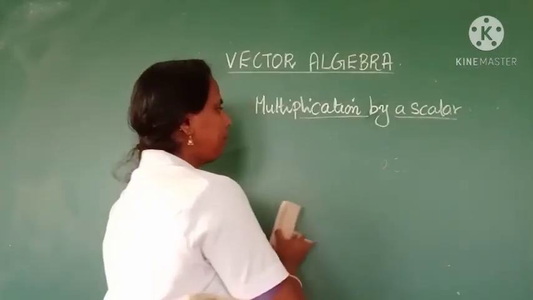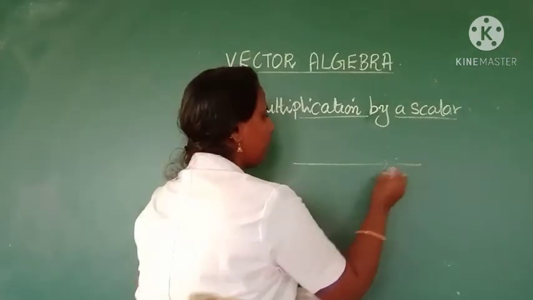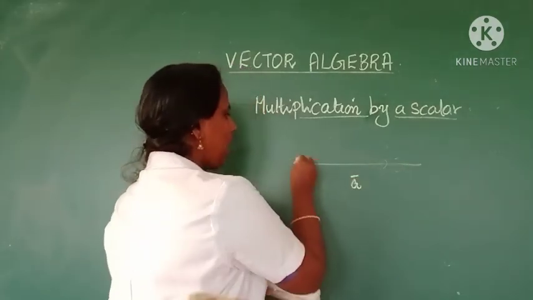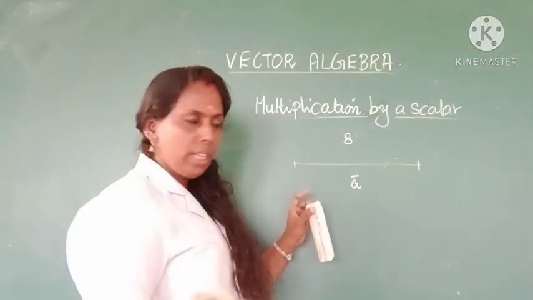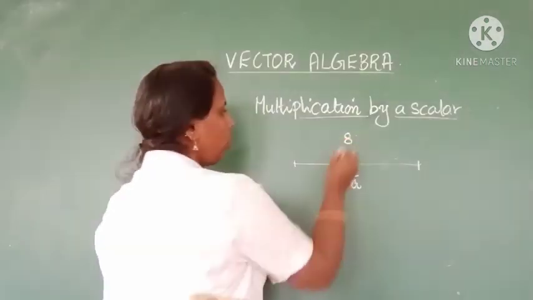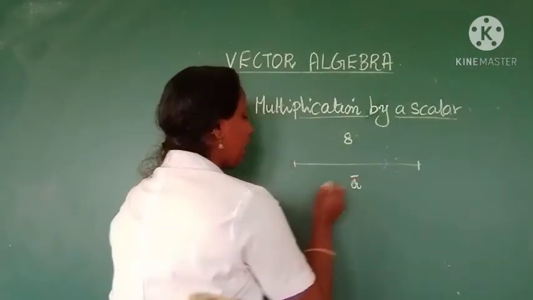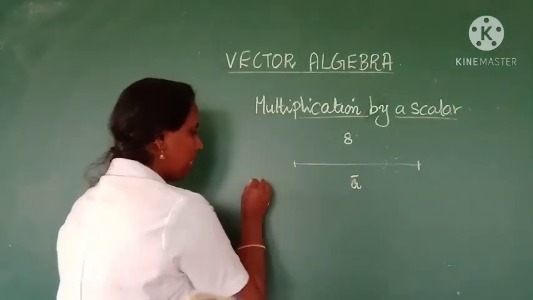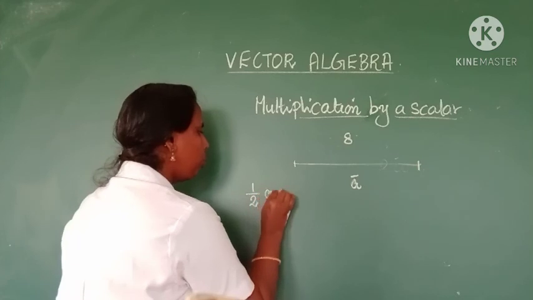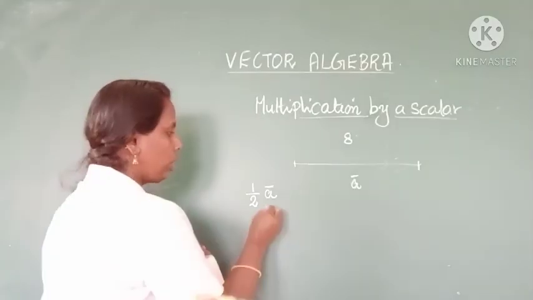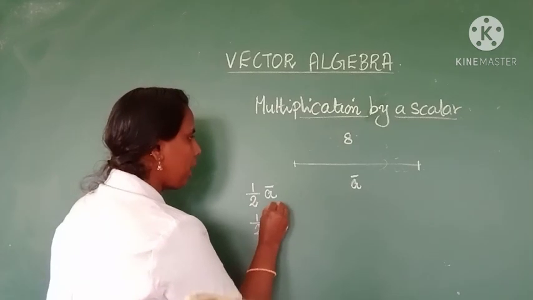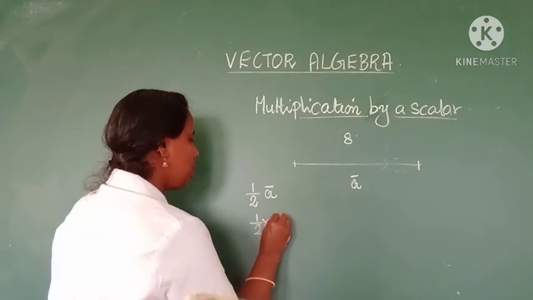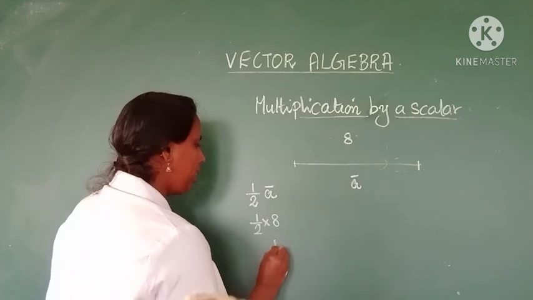For example, suppose we have this vector A, and its magnitude is 8. Now if we multiply this vector with a scalar 1 by 2, so what is 1 by 2 times vector A? Its magnitude is 1 by 2 into 8, which is 4.